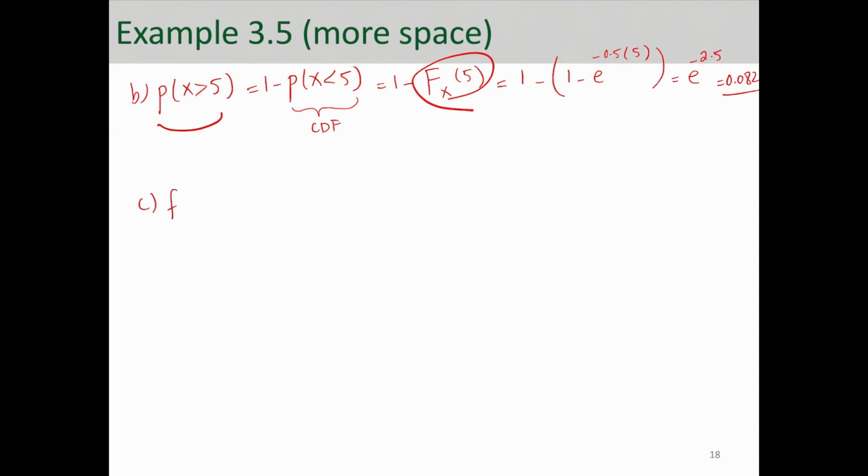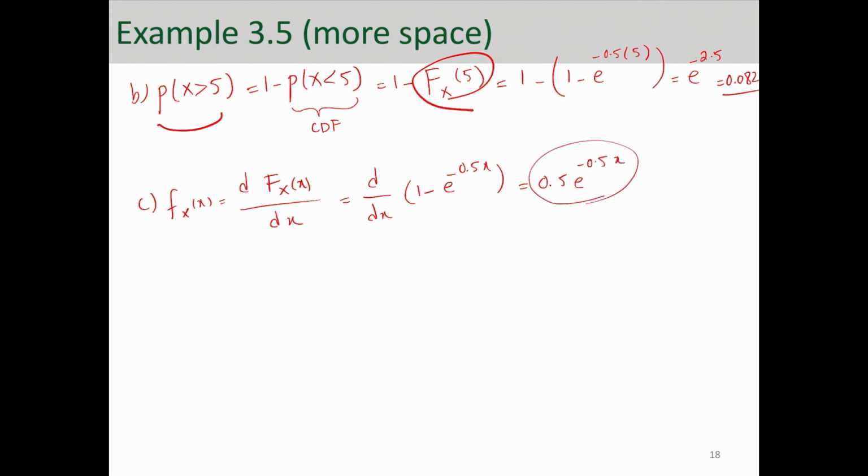So PDF is equal to the derivative of the CDF with respect to X. And that means taking the derivative with respect to X of the CDF function, and that will give you the PDF function that you had originally.